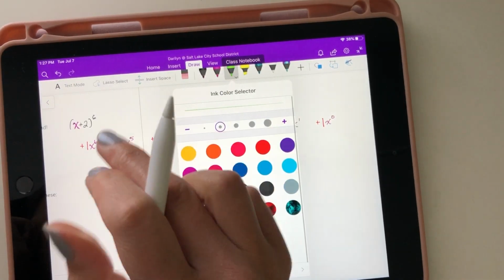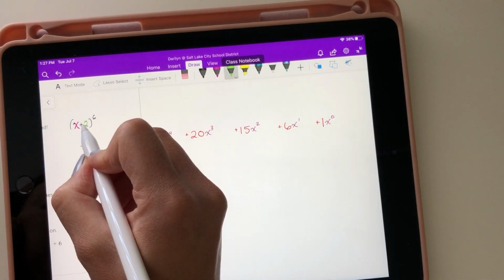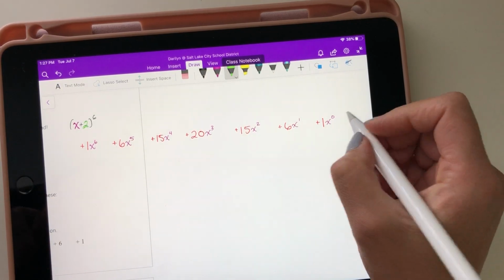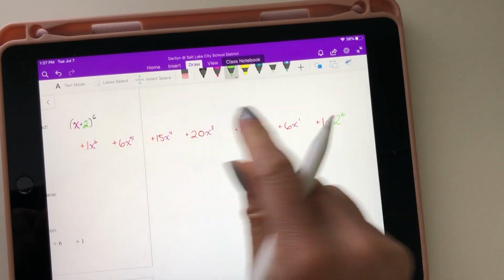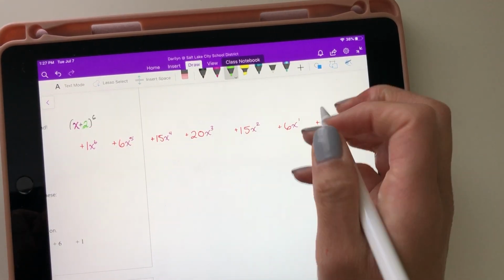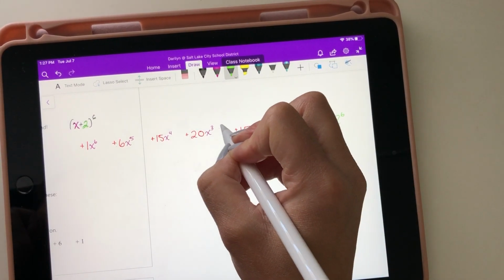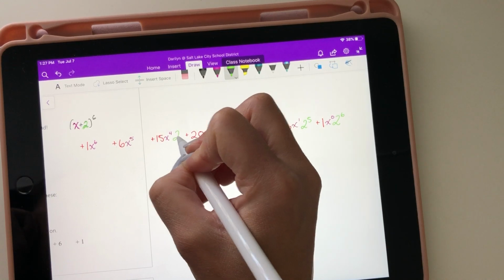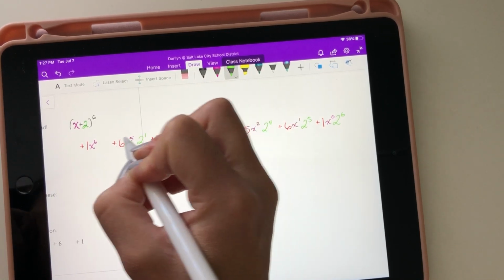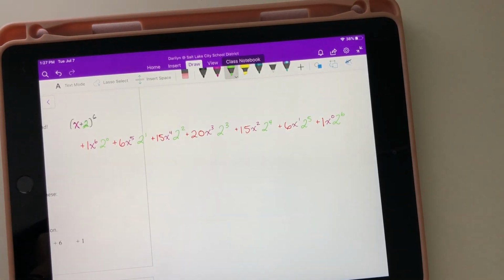Now I go to the second term, which is positive 2, and I'm going to start from this side. 2 to the 6th, because the degree is 6, 2 to the 6th, 2 to the 5th, 2 to the 4th, 2 to the 3rd, 2 to the 2nd, 2 to the 1st, 2 to the 0.